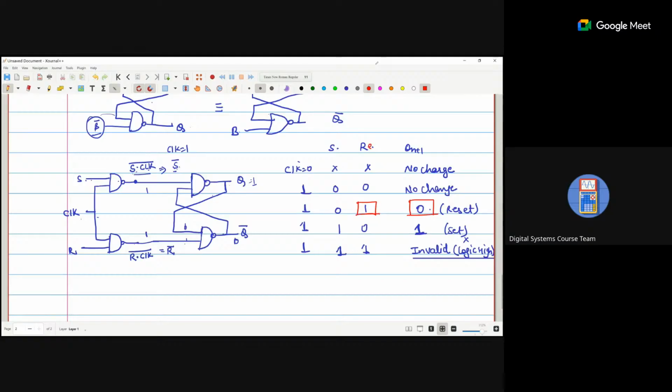R is basically reset. So reset is 1, then this condition is up. So that's why it is called the reset. This condition occurs when S is 1. So that's why it is called the set.